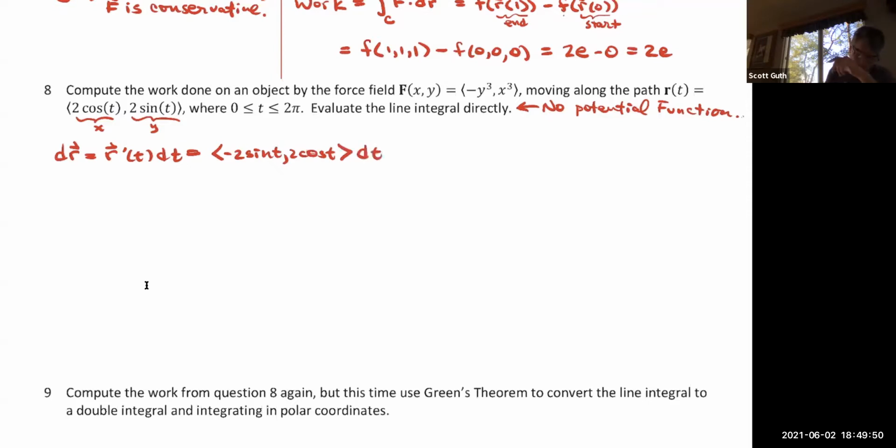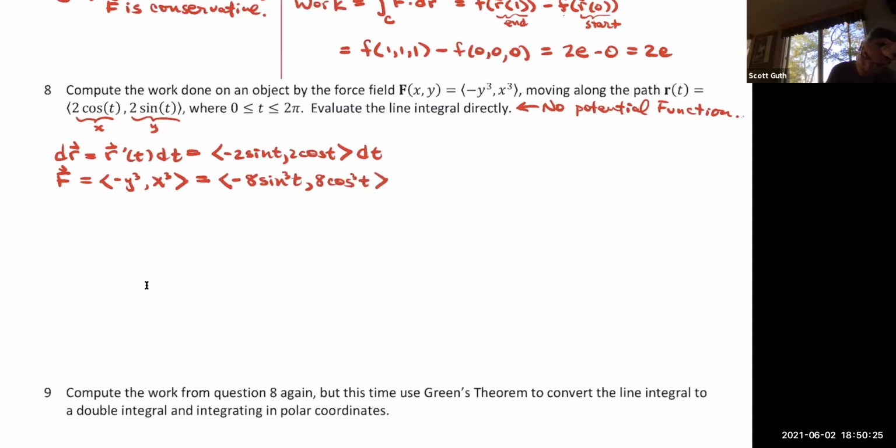Now my field is going to be, as you can see, negative y to the third, comma, x to the third. But if we evaluate it where y is 2 sine t, we really mean negative 8 sine cubed t, and x is 2 cos t, so that'll be 8 cos cubed t.